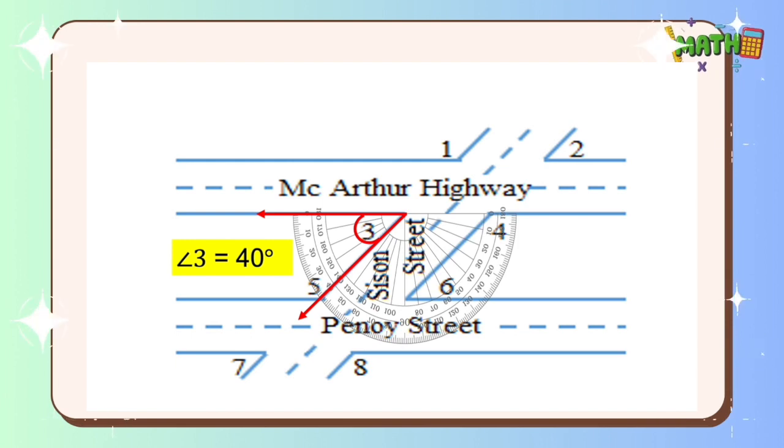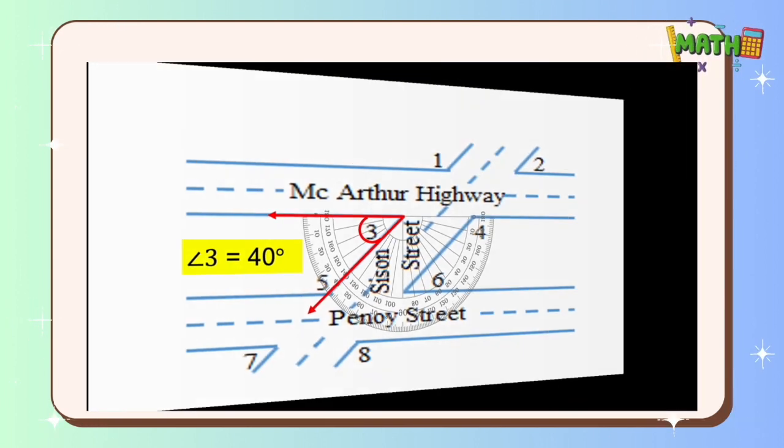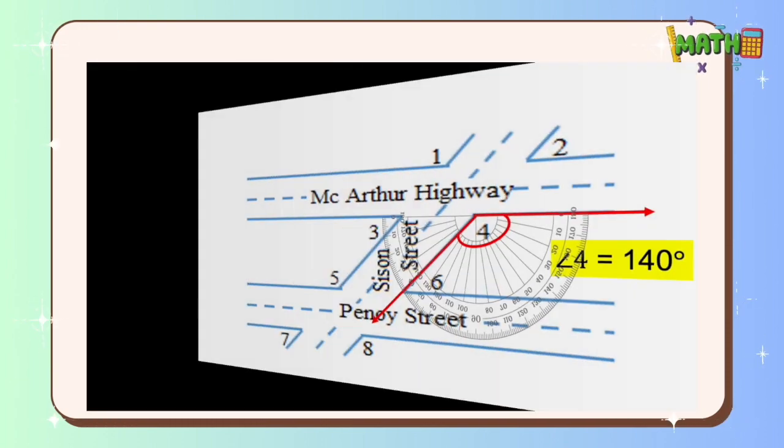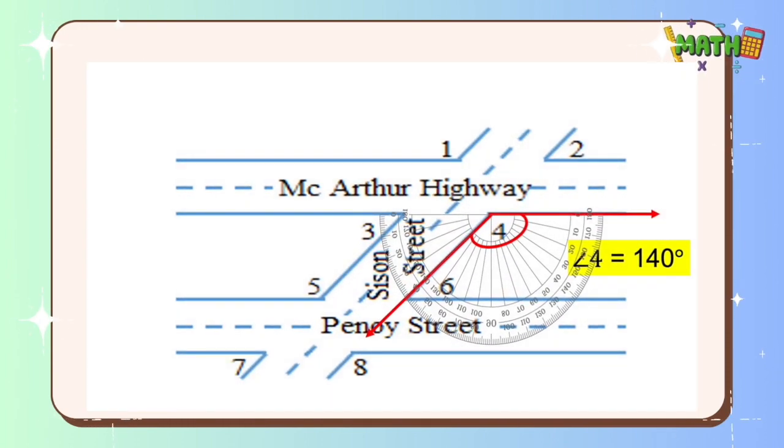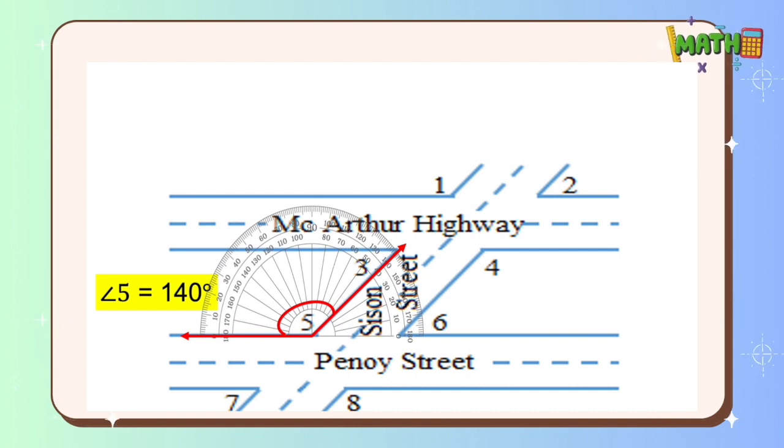The measure of angle 3 is also 40 degrees. The measure of angle 4 is 140 degrees. The measure of angle 5 is also 140 degrees.